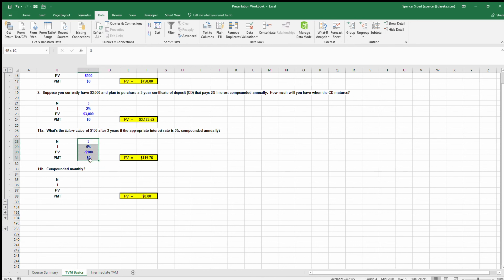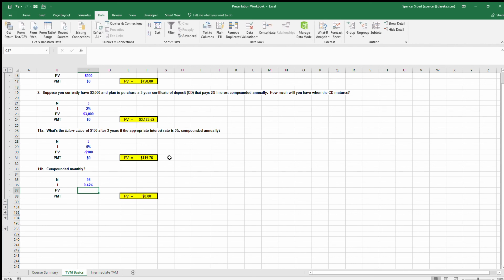Then we have compounded monthly. So the same question, compounded monthly. So I'll just copy the formula. We've got 3 years, but if we're doing it monthly, we have 3 years times 12. So 3 times 12, which is 36. We've got interest rate, which is 5%, so 0.05 divided by 12 because we're doing it by month.